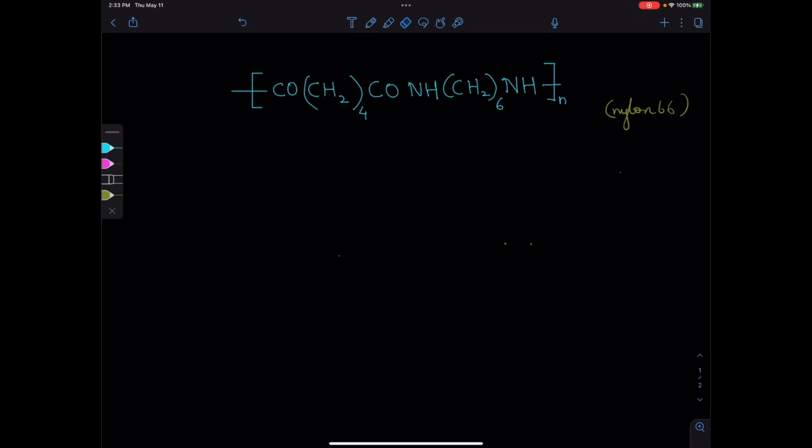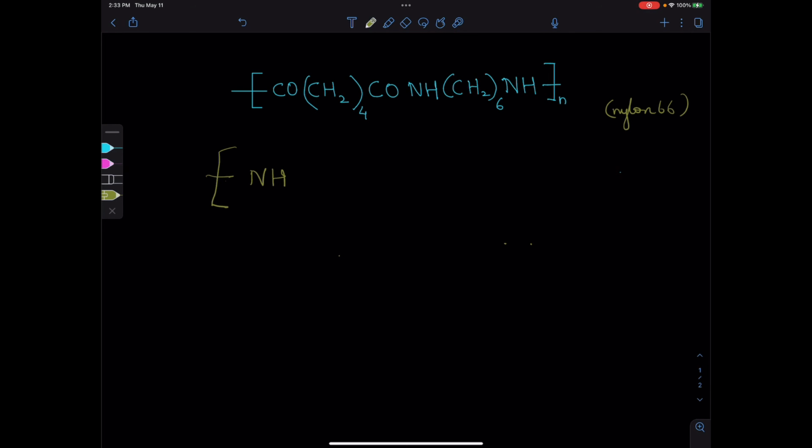Let's name this. We have a CO group, a methylene group, followed by CO group, imino, methylene, and imino. So what goes first? The NH has to go first so that the heteroatom is on the leftmost. So let's rewrite this as NH, and then we have CO to the left of the NH and methylene group to the right of the NH.